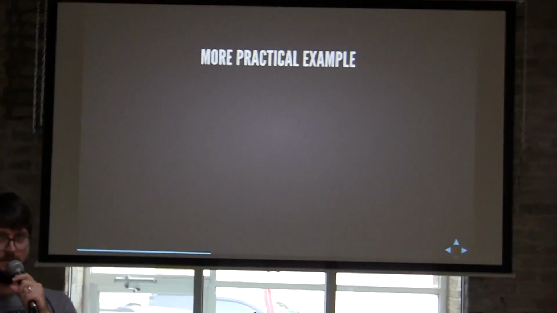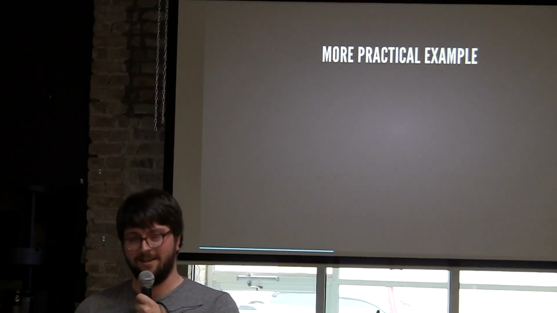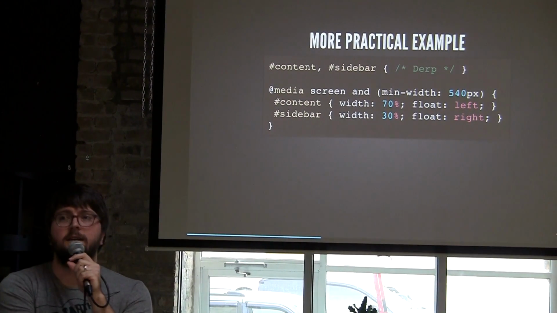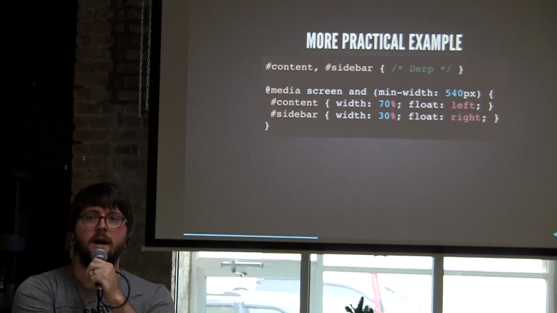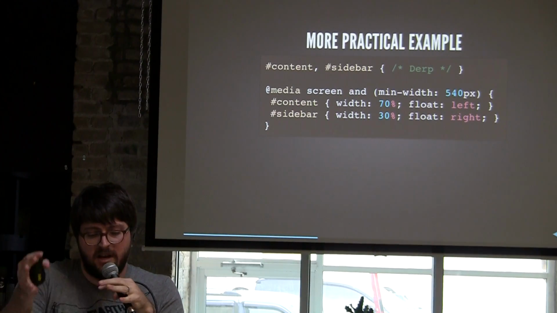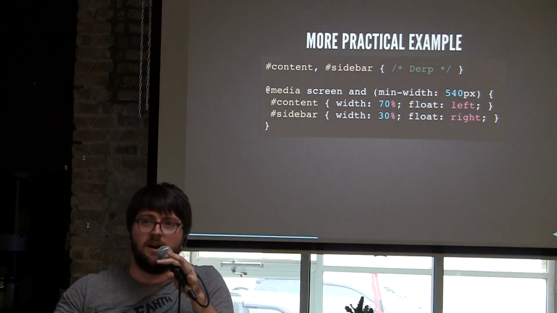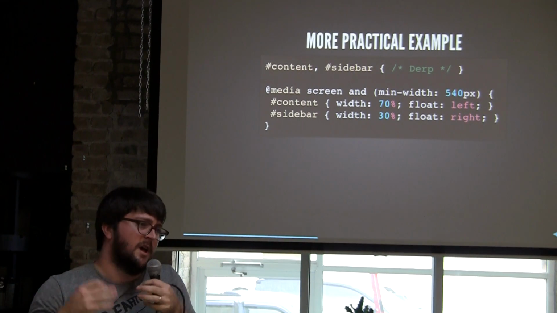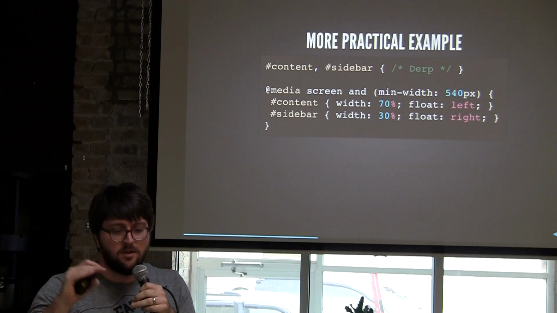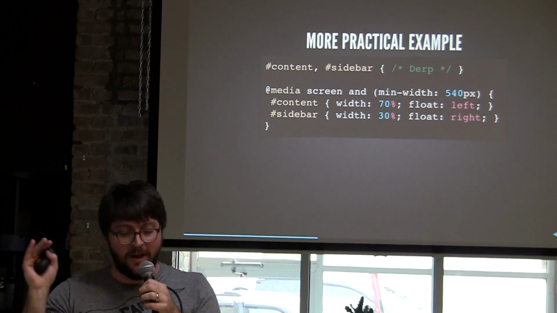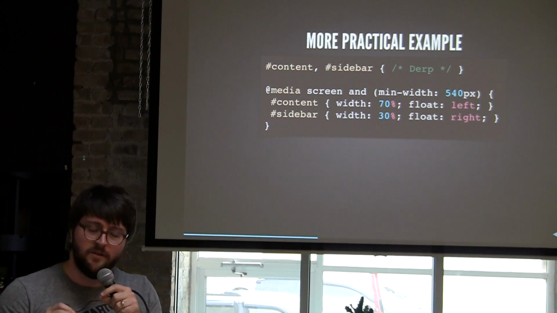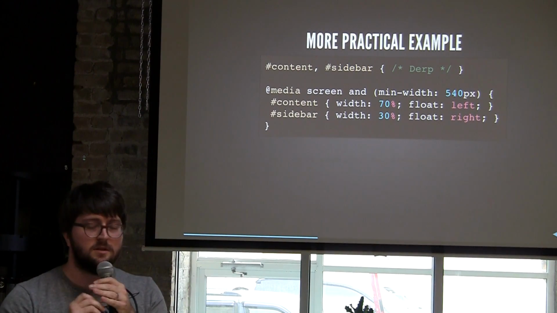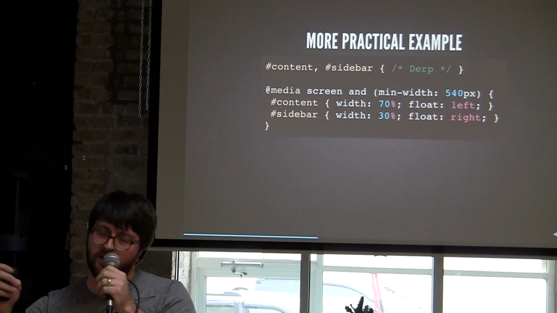Okay, Uncle Dave, give us a more practical example, right? That's what you're saying. Okay, I got one. You have content and a sidebar, but in their natural state they occupy 100% of the screen. That's awesome. And they don't float. That's even more awesome. So at media screen min-width, let's say 540 pixels, because I'm just feeling that, you're going to say content, boom, you're 70%, and you're going to float left.